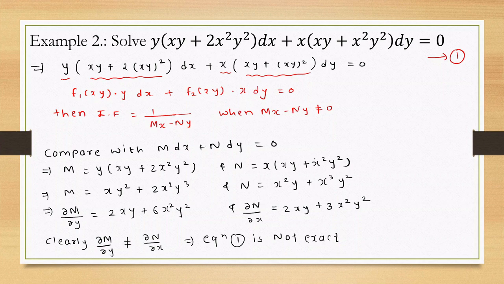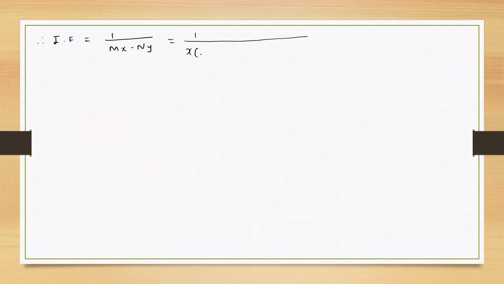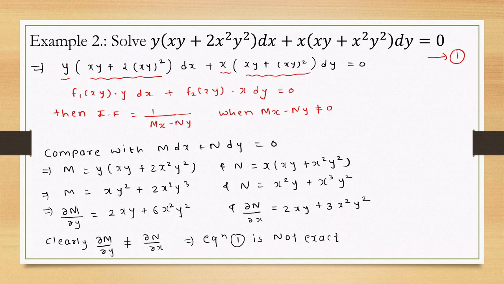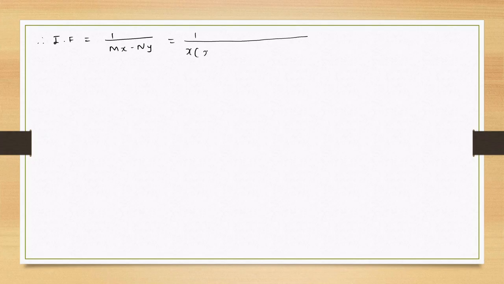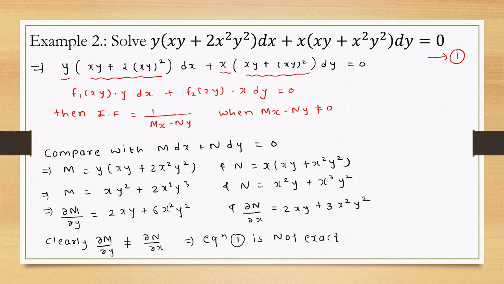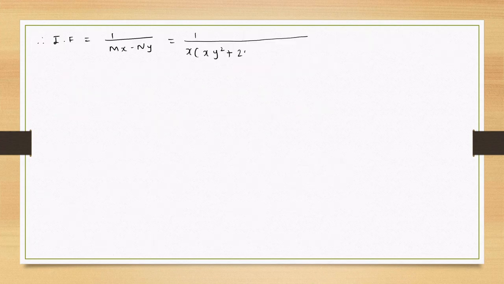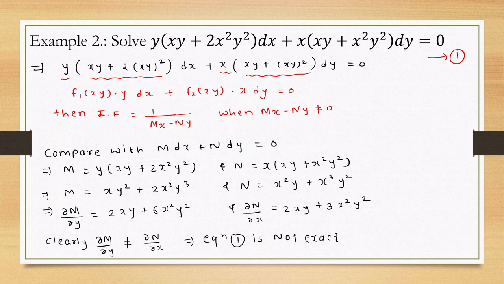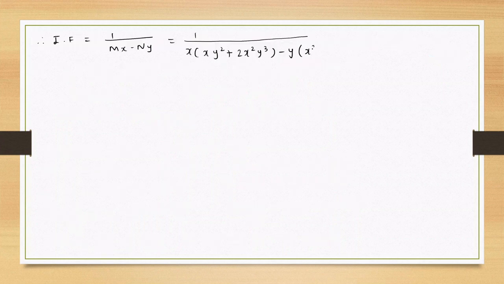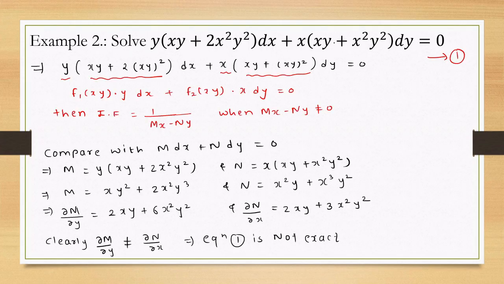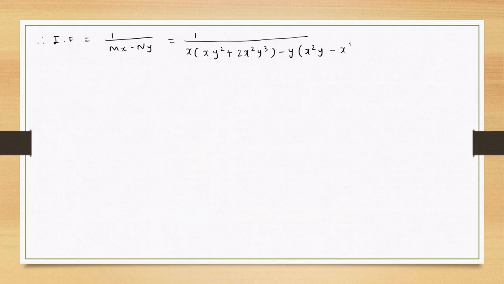So x into xy square plus 2x square y cube, minus y into what is N? x square y, sorry, it is plus x cube y square, right?